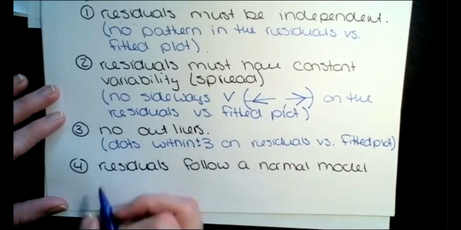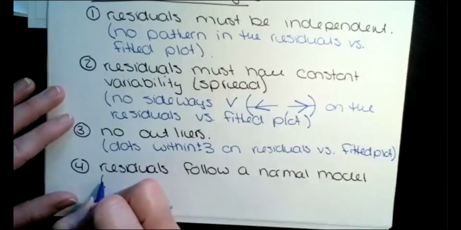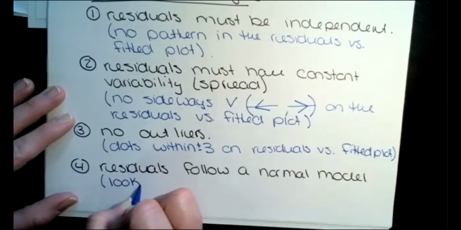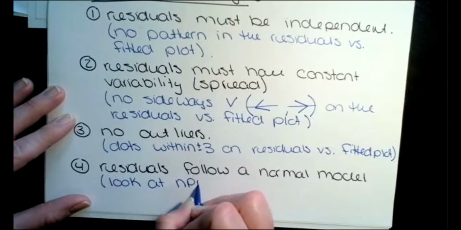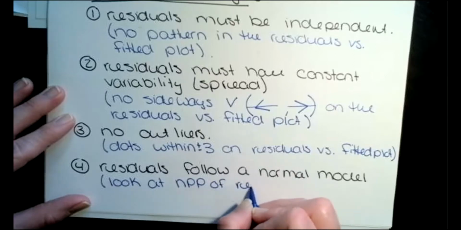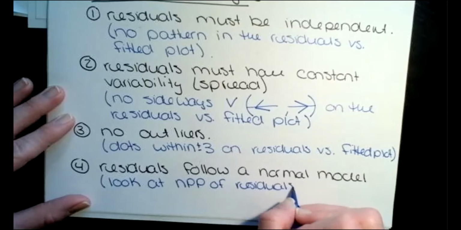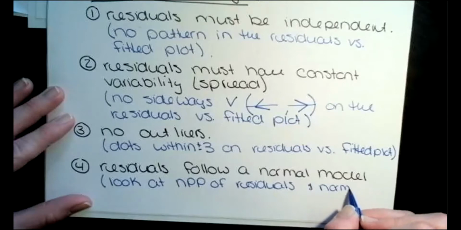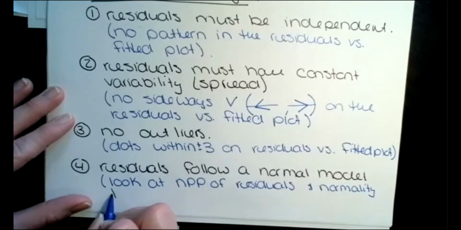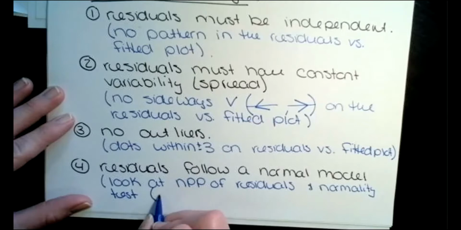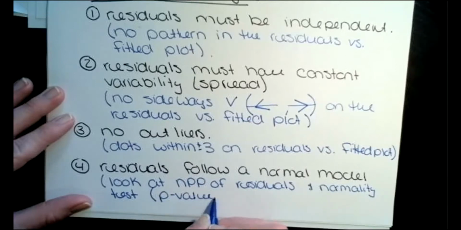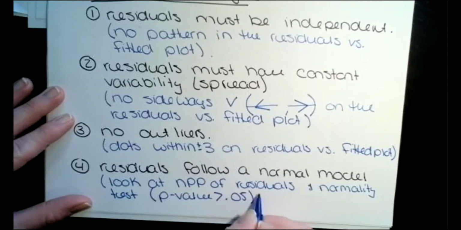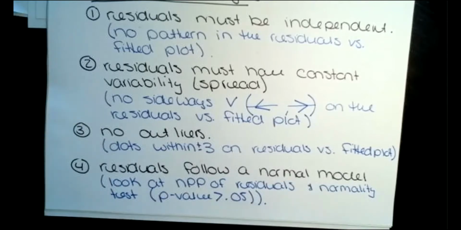So I'm going to look at the NPP of the residuals, my errors, okay, and the normality test. And you know the normality test, I'm looking for a p-value greater than 0.05, right? And those are my 4 requirements. I need them all to work out.